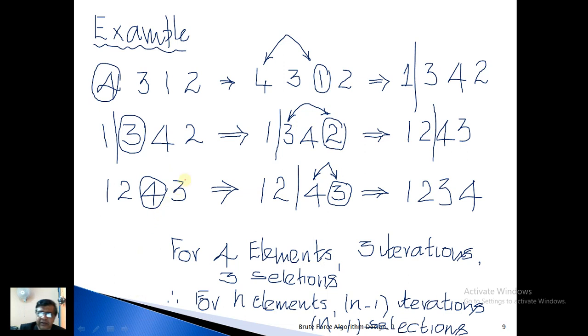We will take an example. The strategy is, we will once again take 4 3 1 2. You can recall what kind of example we chose when we explained bubble sort: it was 4 3 2 1. Here the array elements are haphazard in nature, and this presents a worst case scenario, 4 3 1 2.